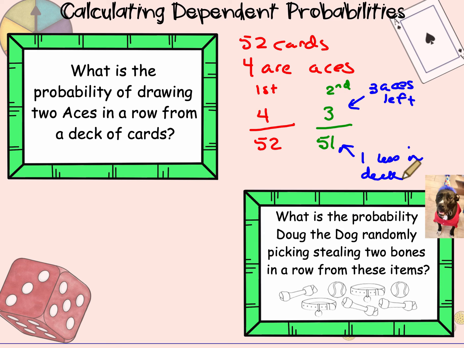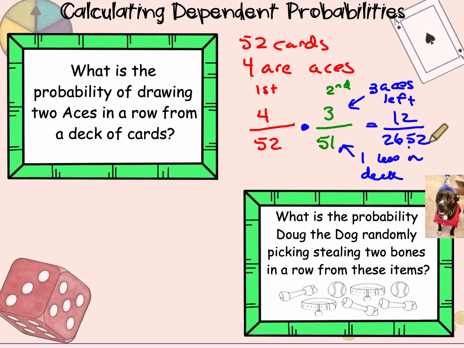Okay, now what do we do to calculate our probability? We multiply these together. So 4 times 3 would be 12, and 52 times 51. So 4 times 3 would give me 12, and 52 times 51 would give me 2,652.